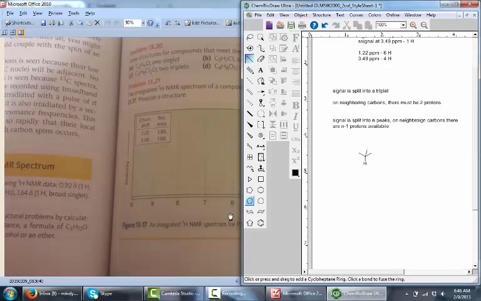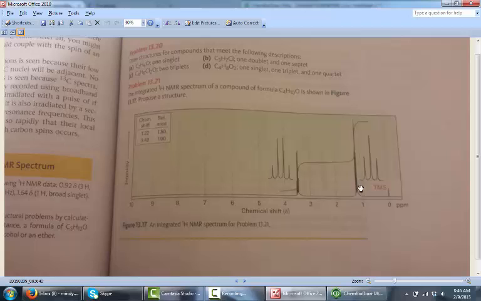Looking at this spectrum, I see a signal that corresponds to 6 H's, and all of those 6 H's are chemically equivalent, and they are all next to CH2s. I know they're next to CH2s from being split into a triplet.